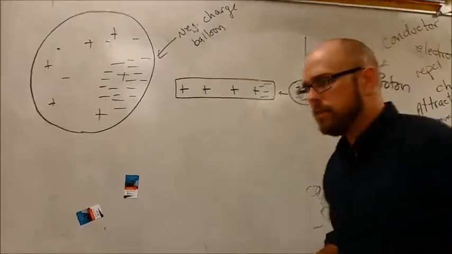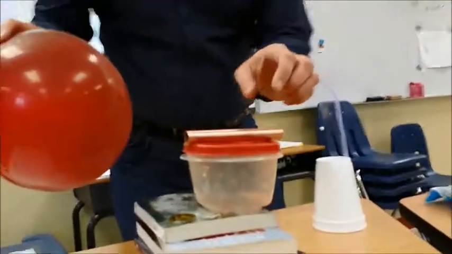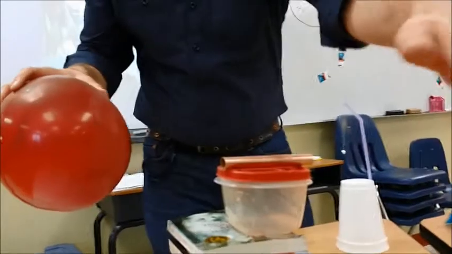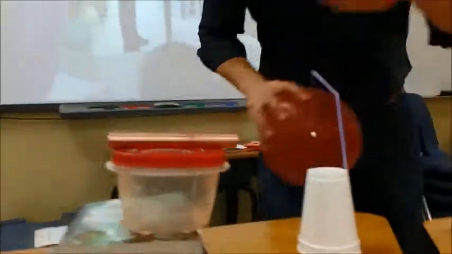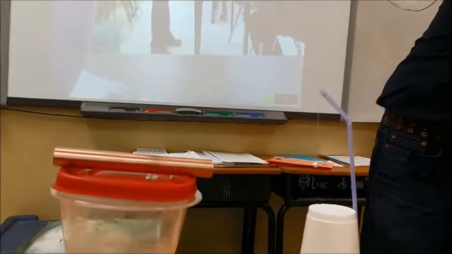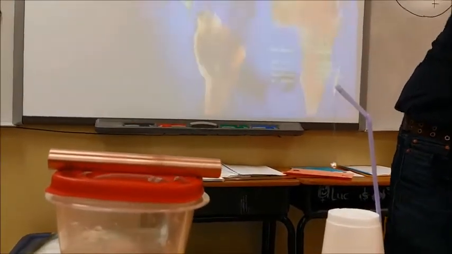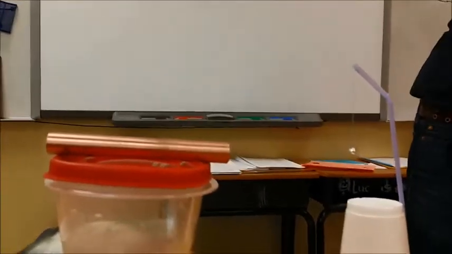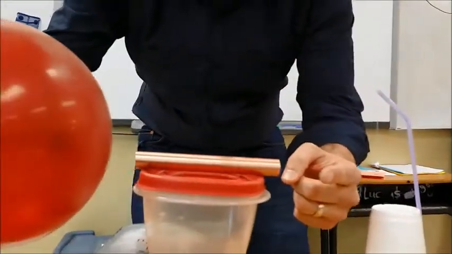The third thing the lab says is to do the experiment again, but it wants me to touch my finger to the other side of the rod. Now if you move the camera here, we'll get a good angle. So I'm going to charge the balloon. I want to make sure that it's neutral. I'm going to charge the balloon. And when I think it has a good charge, I'll hold it close and touch my finger.